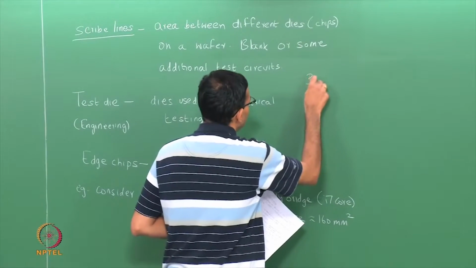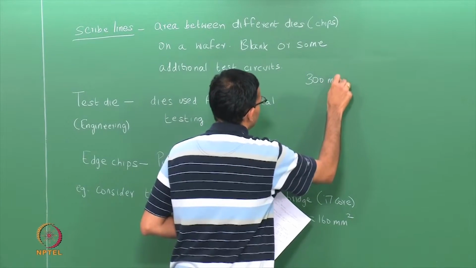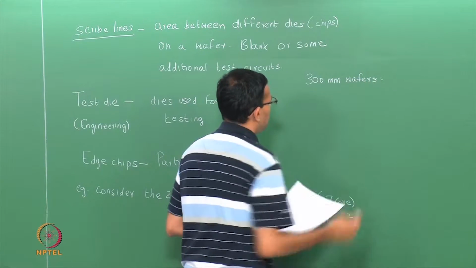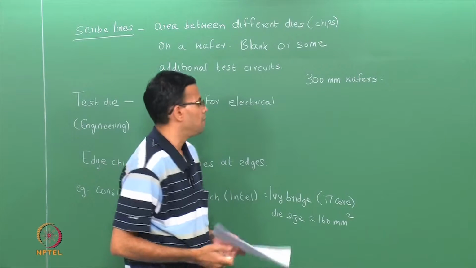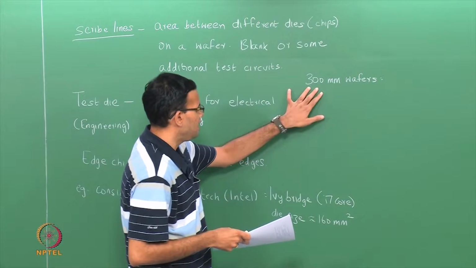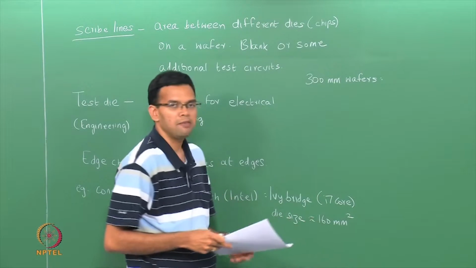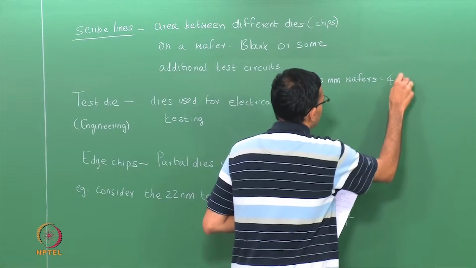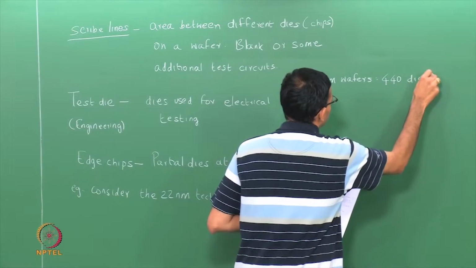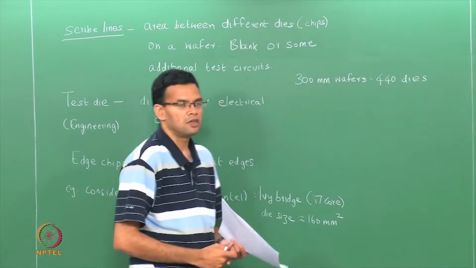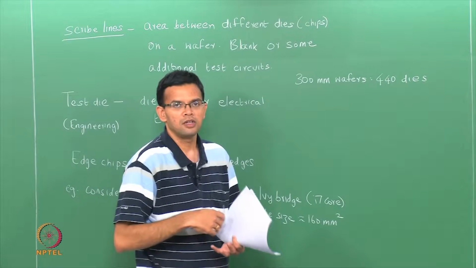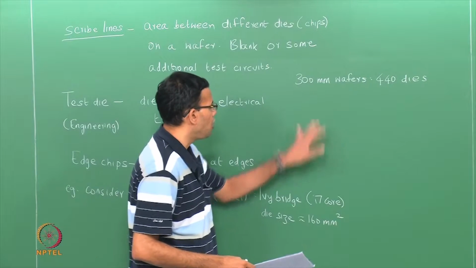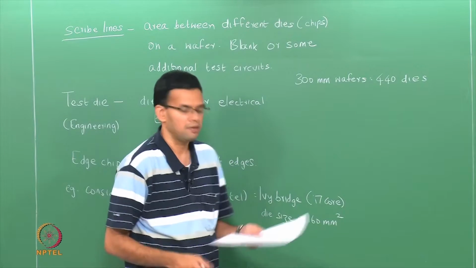So, if we are going to use 300 millimeter wafers, 300 refers to the diameter of the wafer. You can calculate the area, and dividing by the die size, you find that you can approximately make 440 dies. This just assumes that you have dies that are spread throughout the wafer, and you are dividing the area of the wafer by the area of the die.